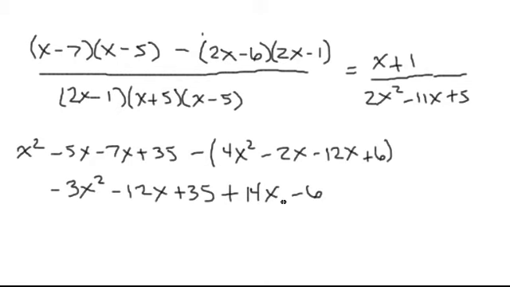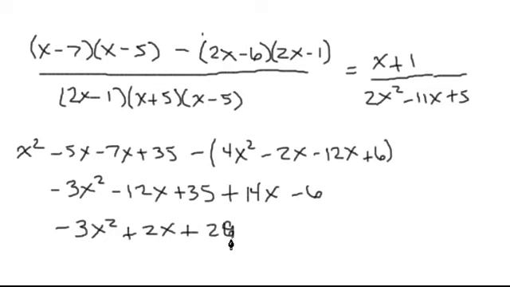I think what I'm going to do now is just simplify this part. So negative 3x squared, negative 12x plus 14x is a positive 2x, right, and then 35 minus 6 is going to be a plus 29, right.